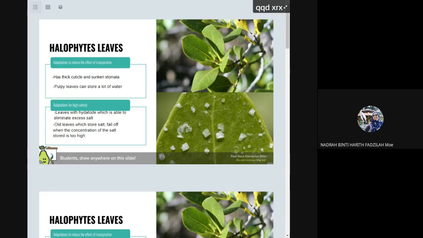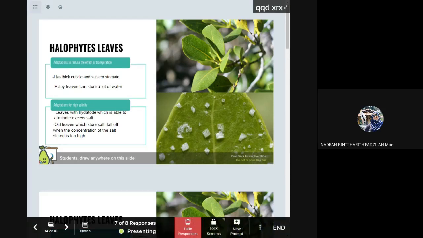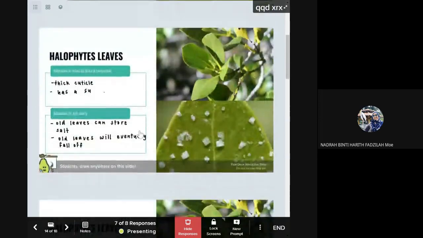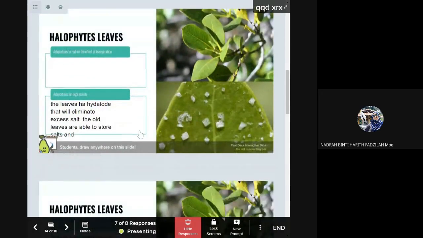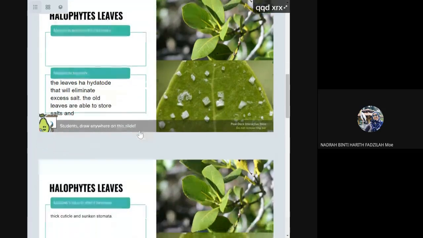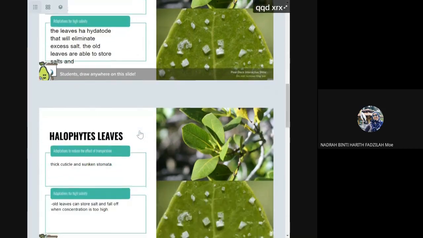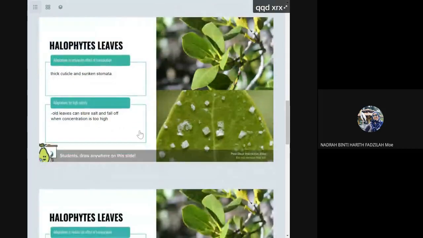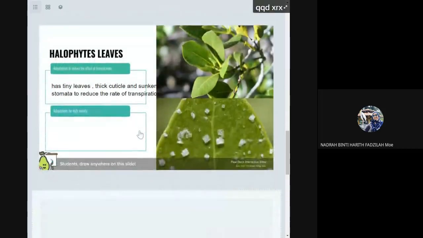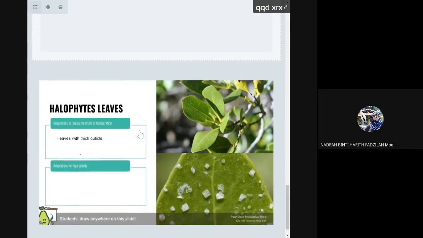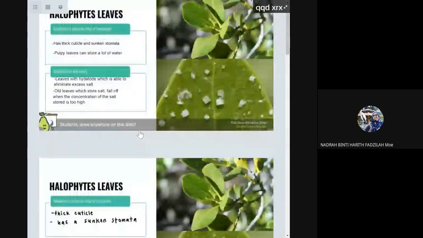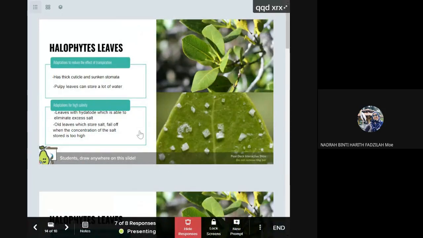Mari kita pergi ke sini. Sekejap ya. Next. Okay, good. Okay, dia fokus pada function high dot dulu. Okay, it's okay, tak apa. Ada satu lagi ya, high dot untuk adaptation of high salinity tu, tambah fungsi high dot. Okay, jangan lupa.